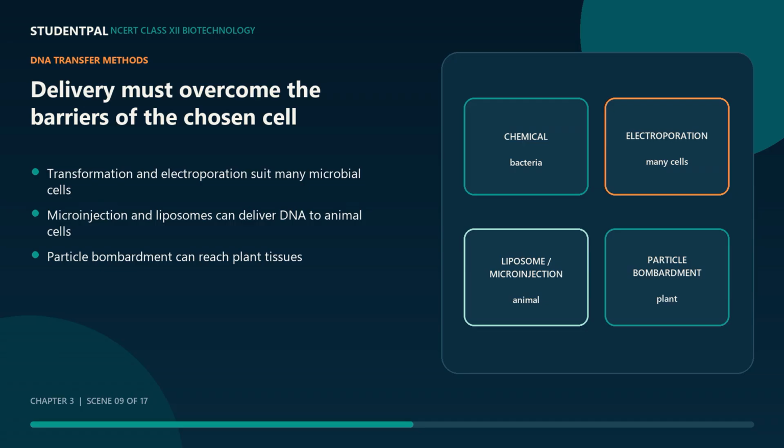In animal systems, liposome-mediated delivery packages nucleic acid in lipid structures that interact with cell membranes, while microinjection places material directly into a cell or nucleus. Particle bombardment accelerates DNA-coated microscopic particles into plant tissue and other difficult targets. Method choice depends on cell type, cargo size, efficiency, cell damage, equipment, stable versus transient outcome, and biosafety.